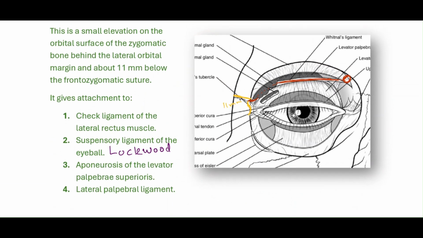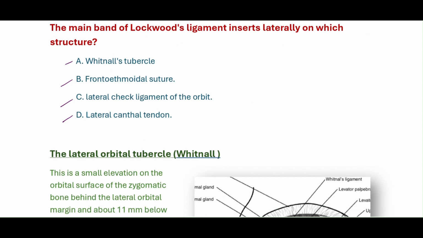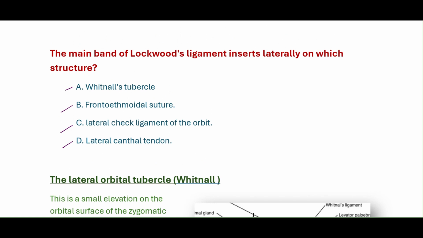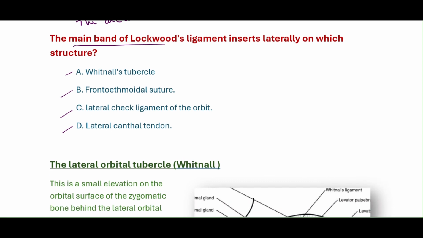So what I would say here is the main band of Lockwood's ligament, it can come in other words. It says the arcuate extension of Lockwood ligament inserts laterally on Whitnall's tubercle, frontoethmoidal suture, lateral cheek ligament of the orbit.